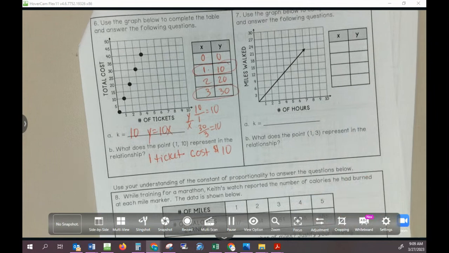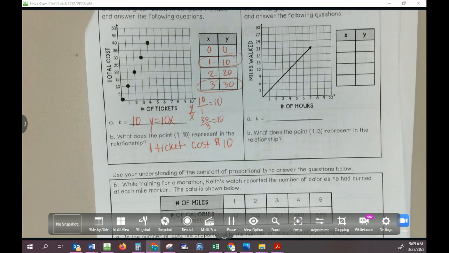Go ahead and do number 7 for yourself, and then we'll have someone show and call out answers. When you have it, just do a thumbs up.